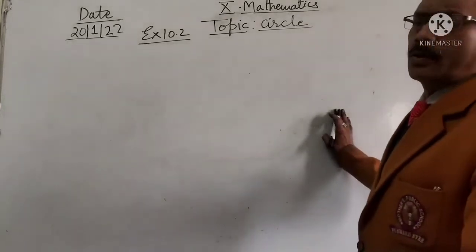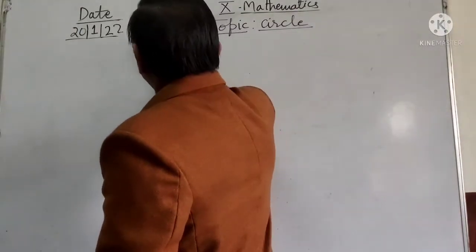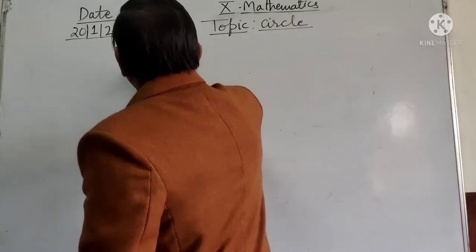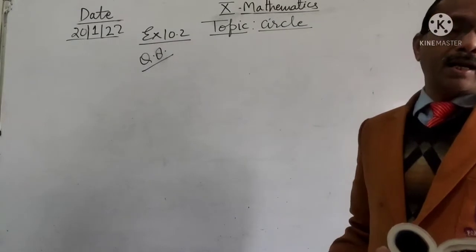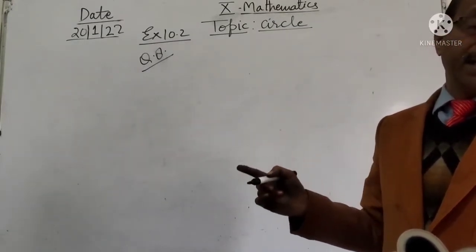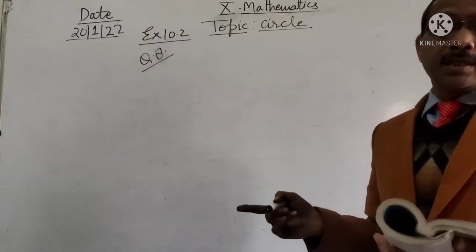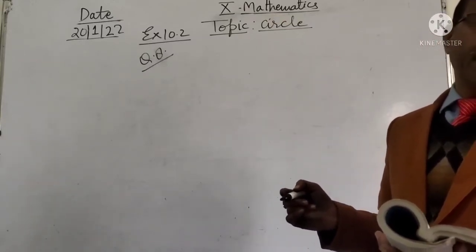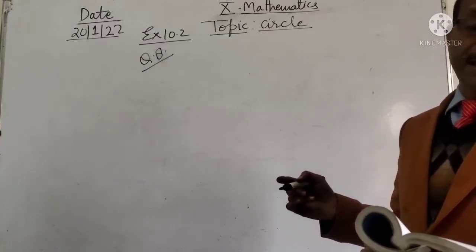Now next is question number 8. The question is: a quadrilateral ABCD is drawn to circumscribe a circle. Prove that AB plus CD equals AD plus BC.